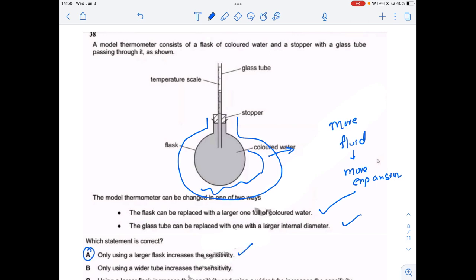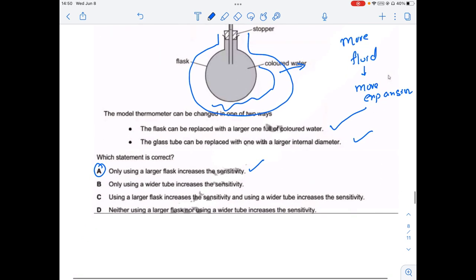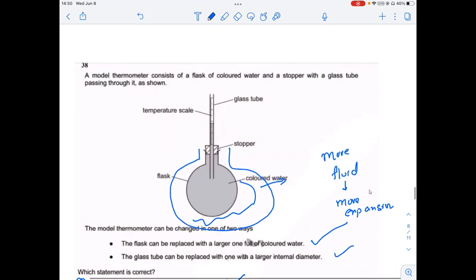Now what about options B, C and D? Are they correct or not? Only using the wider tube increases the sensitivity. If we make a tube wider, previously for every 1 degree Celsius it would have risen by maybe 2 centimeters, for example.